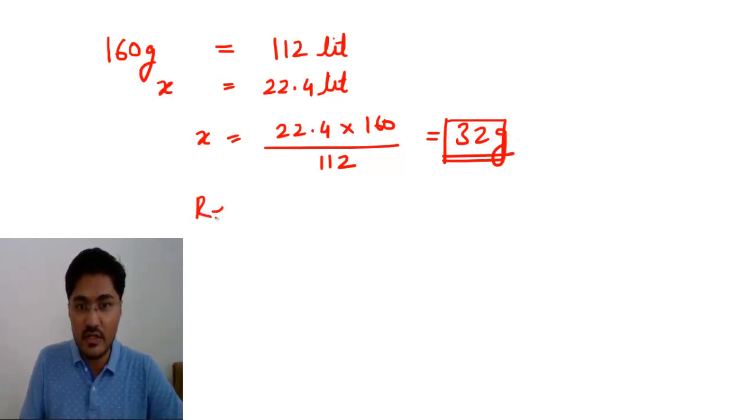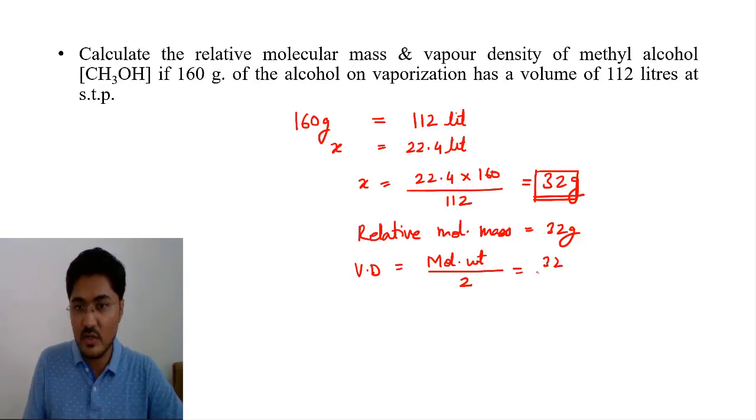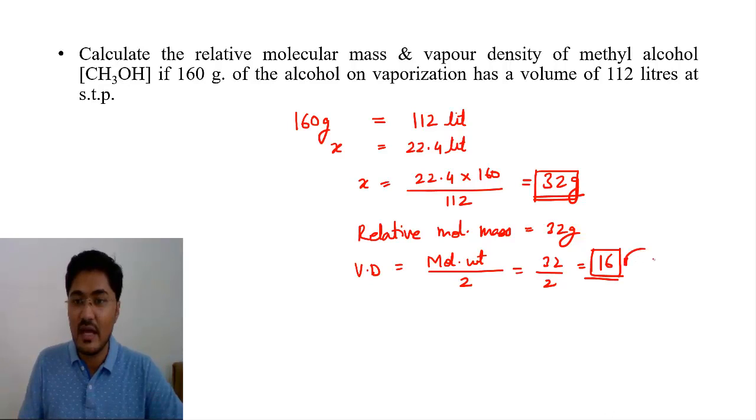Now once we have got the relative molecular mass equal to 32 grams, we can find the vapor density. So vapor density equals molecular weight divided by 2, and hence 32 by 2 gives you 16. So vapor density will be 16 and the molecular mass will be 32 grams. And that's the final answer.